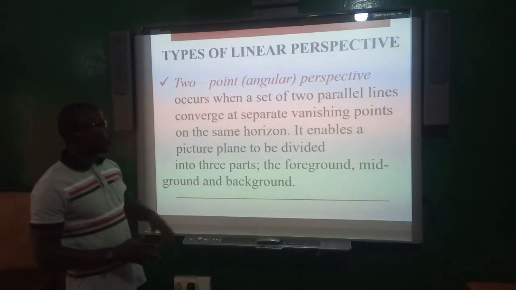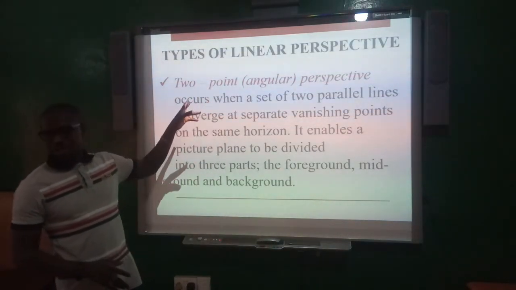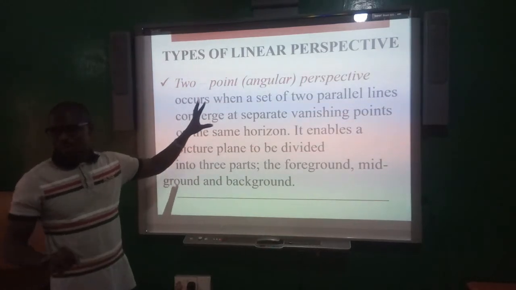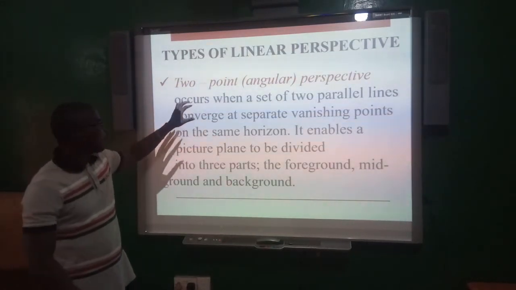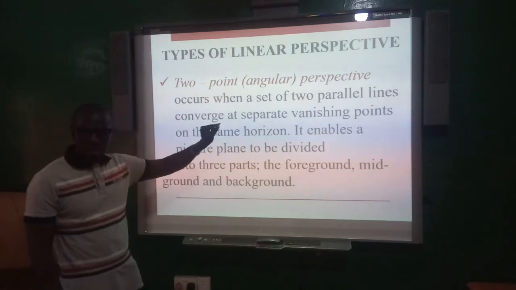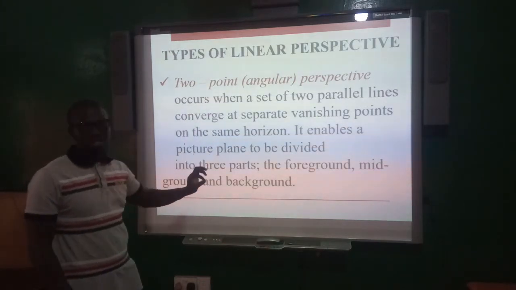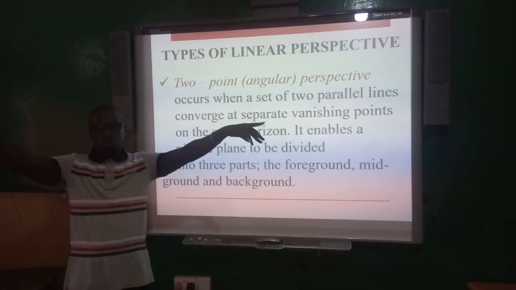So if you compare this one to that of 1 point, with 1-point perspective, it has only one vanishing point. When it comes to 2-point perspective or angular perspective, it has two vanishing points, but on the same horizon.